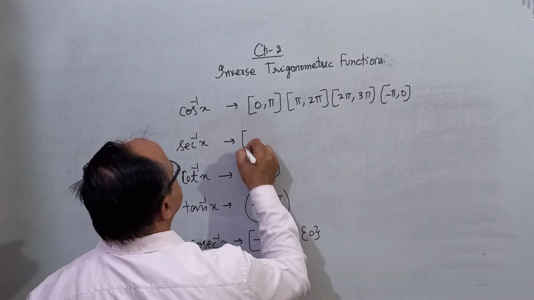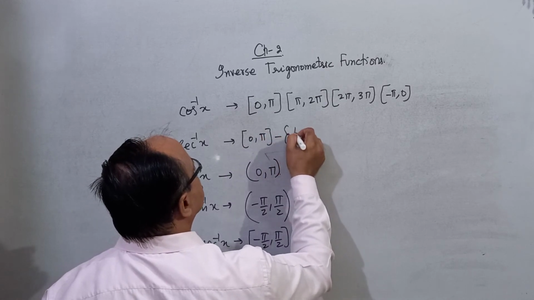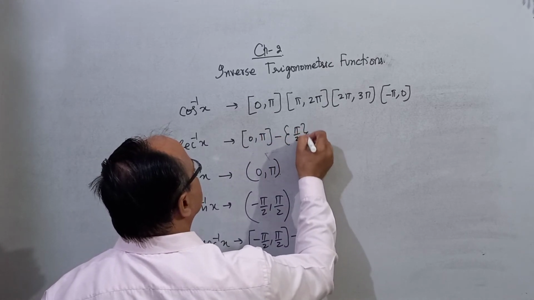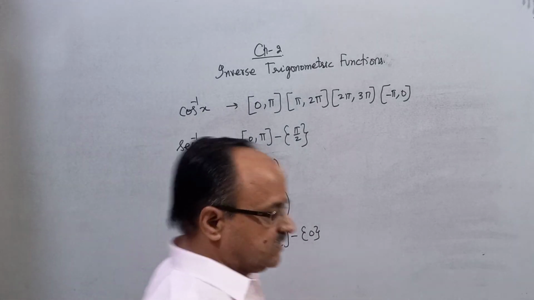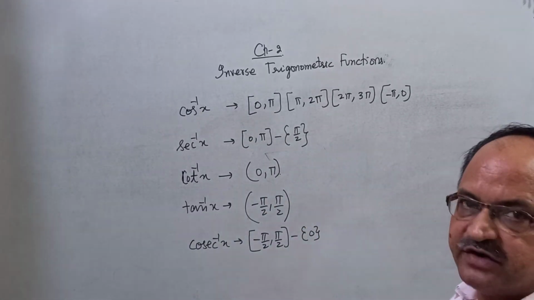And sec inverse x is 0 to pi, except pi by 2. So these are the ranges of the inverse trigonometric functions.